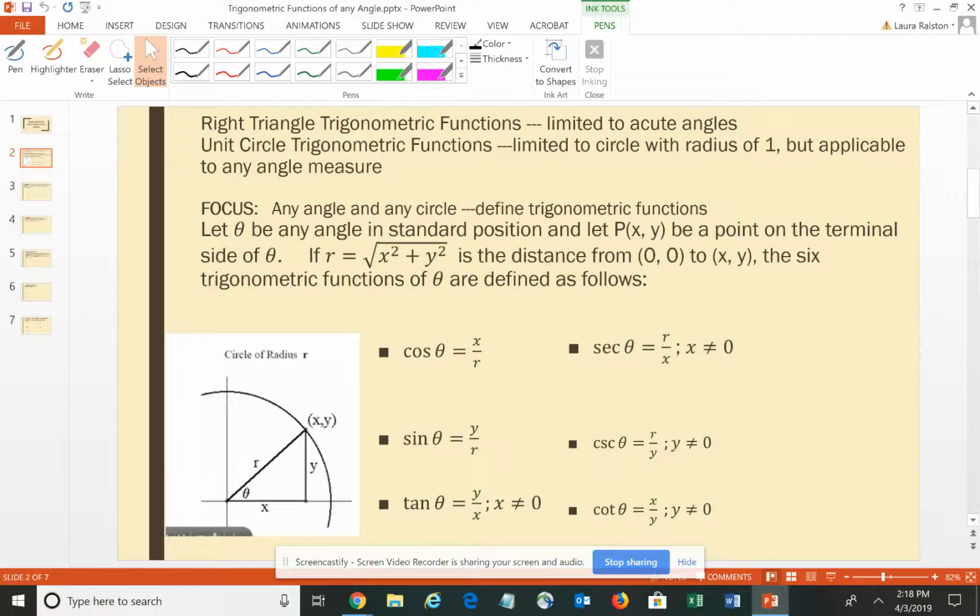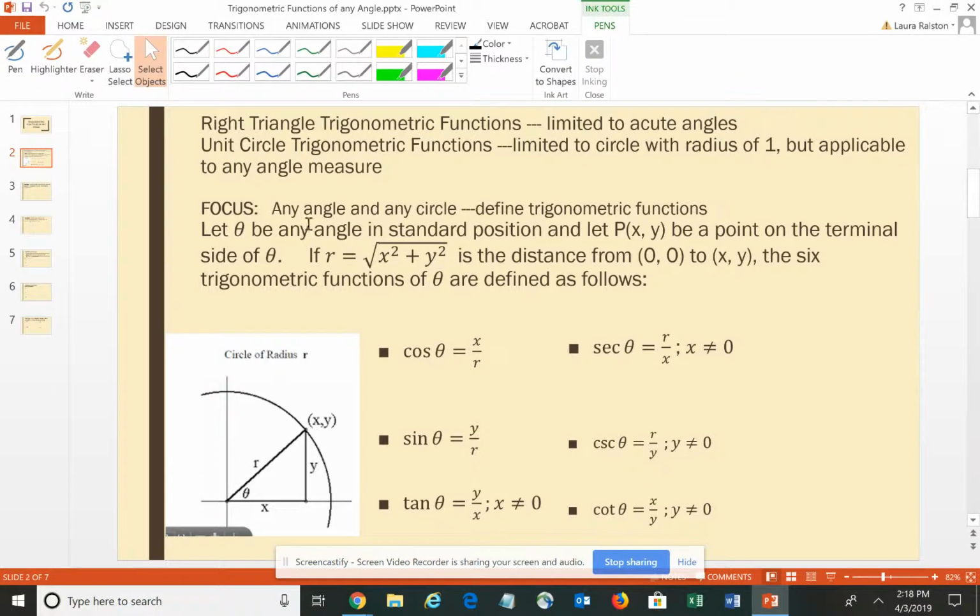The sine is y divided by the radius. The tangent is still y divided by x, and we do stipulate that x cannot be 0. And then remember, the ones in the second column are reciprocals of the first, where they've just been flipped over.